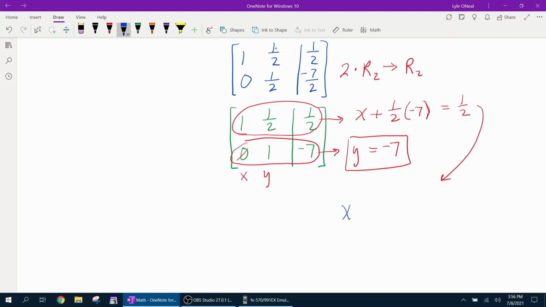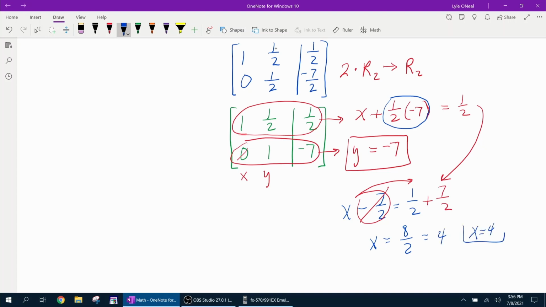So that's going to give me x minus 7/2 equals 1/2. Then if I move that to the other side, it's going to make it plus 7/2, which I can then combine like terms. I already have a common denominator, so that would make that 8/2, which is 4. And so then that would tell me x is 4.